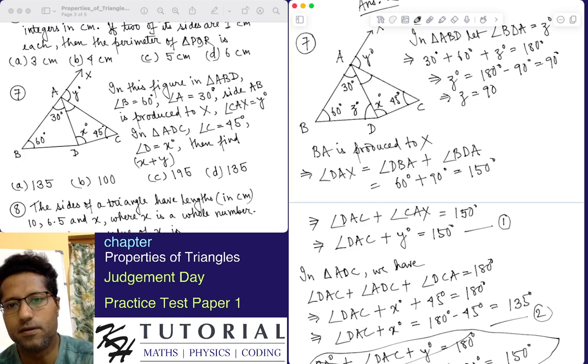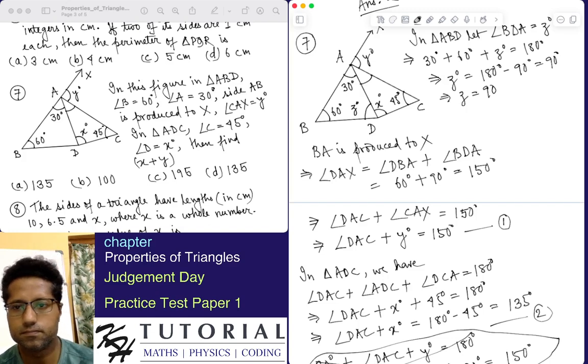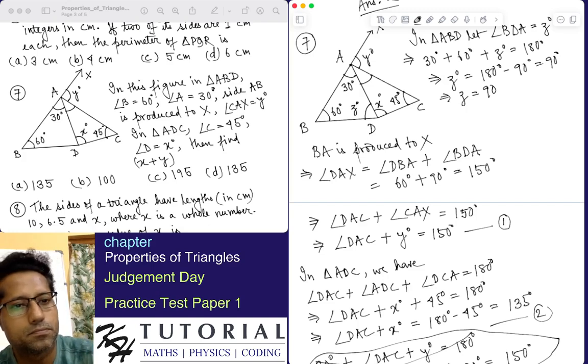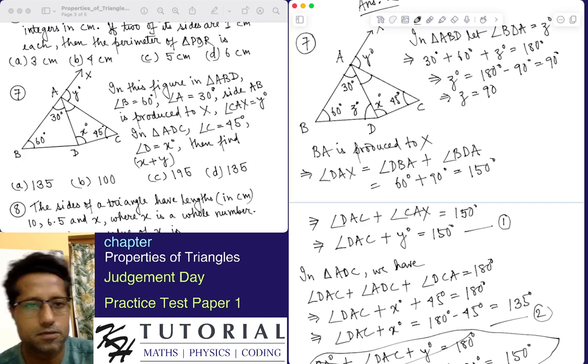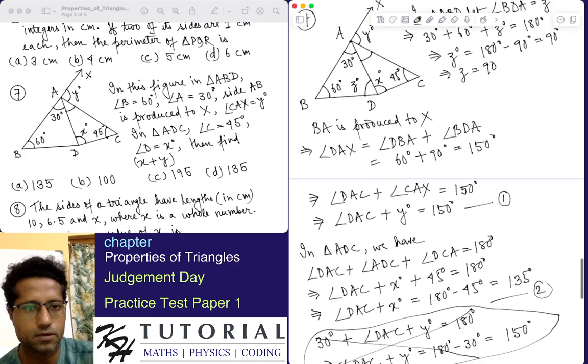We are getting Z, we know Z. What else can we know? This is 45. This is 45. So x plus DAC is 135.